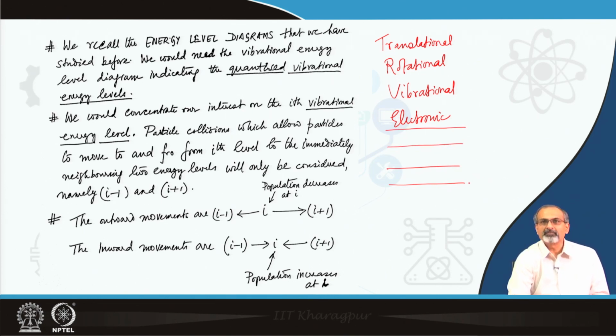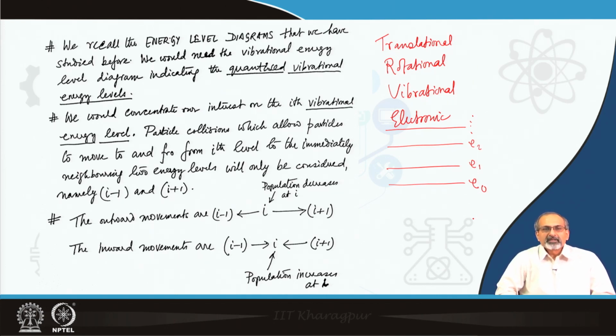We started from a reference level and then we moved on to different higher levels. So, that was basically the concept of the energy level diagram. Of course, in this lecture we are going to concentrate on how things happen as far as the vibrational energy is concerned.